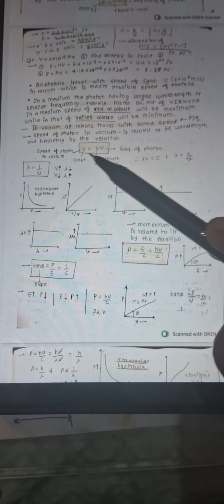Next, the speed of a photon in vacuum is related to its wavelength and frequency by the relation c equals lambda into nu. It's a very basic relation between wavelength, frequency and speed of any wave. If the medium is the same, then wavelength is inversely proportional to frequency.